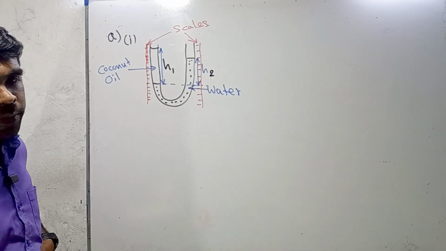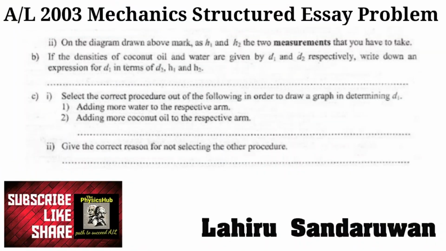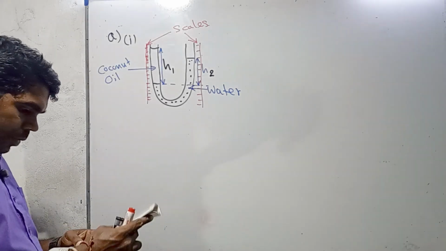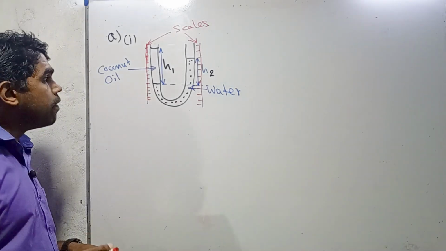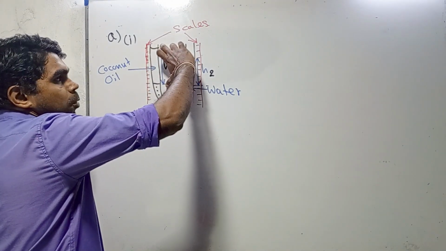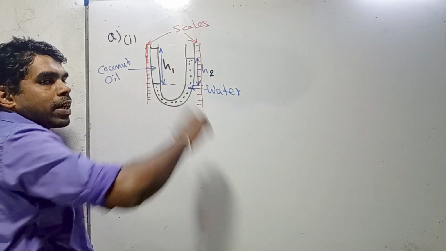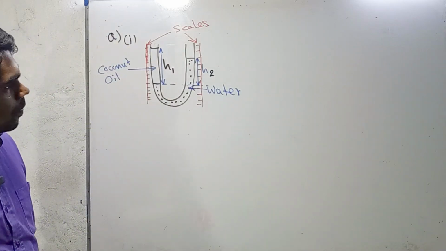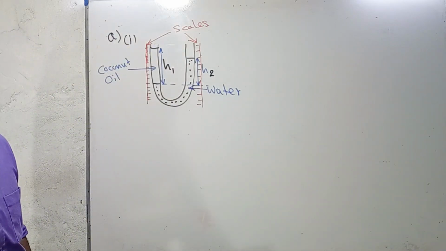Both methods are correct. Then part B, if the density of coconut oil and water are given by D1 and D2 respectively, write down an expression for D1 in terms of D2, H1 and H2. Now they have given coconut oil density D1. Therefore, the best method is to mark H1 as the coconut oil height and H2 as the water height.